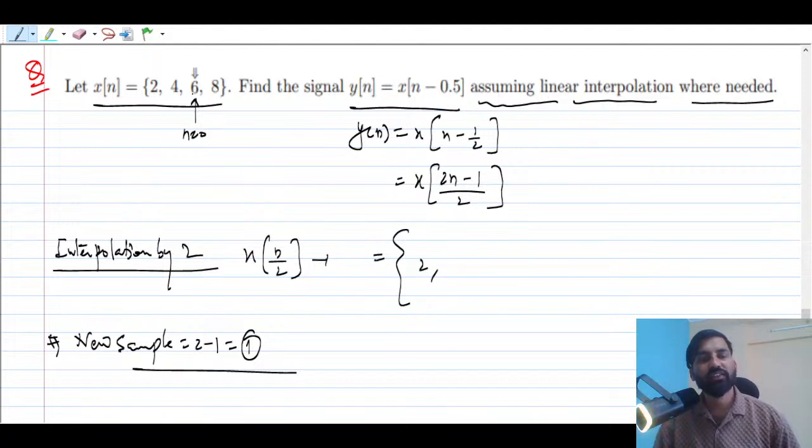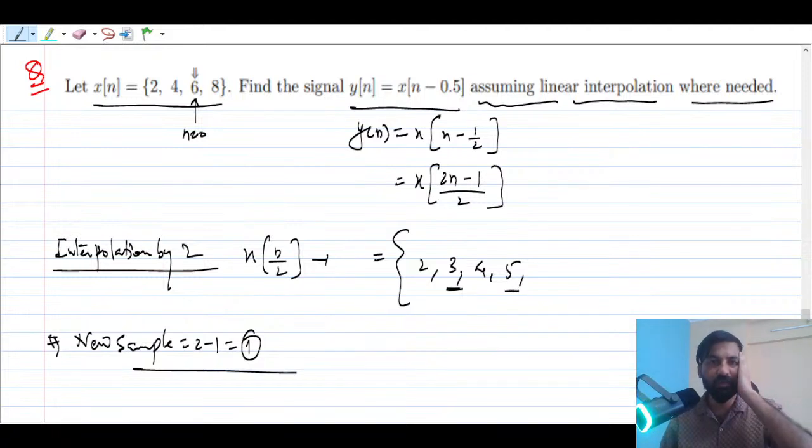The average of 2 and 4 will be 3. Then the average of 4 and 6 will be 5. These are the new samples I am attaching. Now if you take the average of 6 and 8, there will be 7.